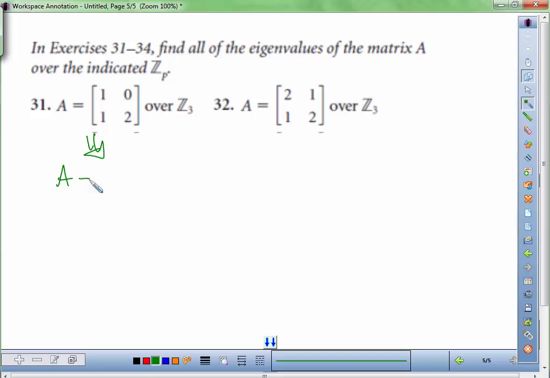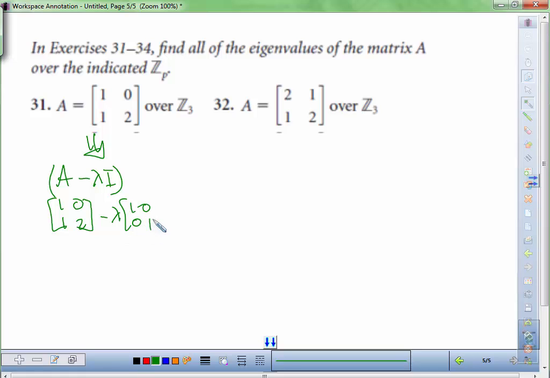So we set up the same way we would normally set up. And this would be [1, 0; 1, 2] minus lambda times [1, 0; 0, 1], which gives us... there is no minus in Z3. Let's just do this operation and we'll translate it once we have the equations.